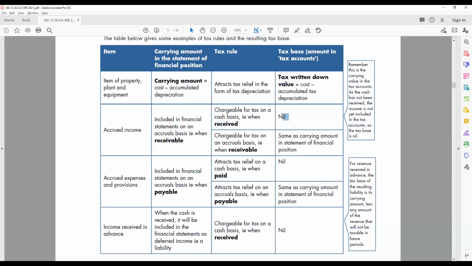Then at this time, the tax base is 0. How much tax base? 0, right? And how much is the temporary difference?